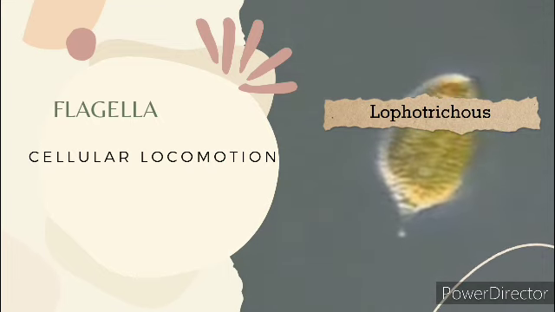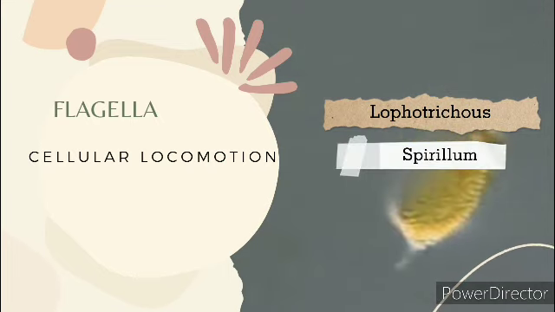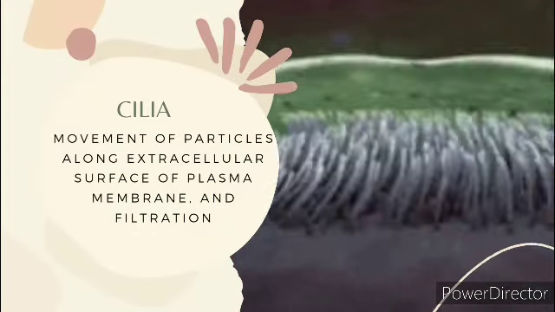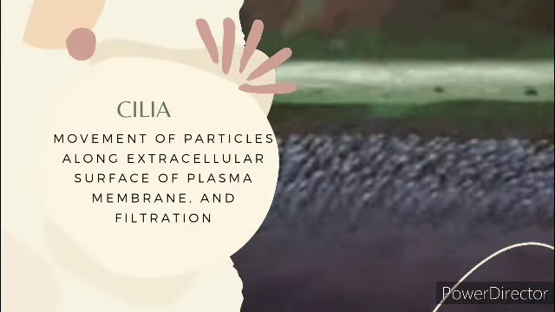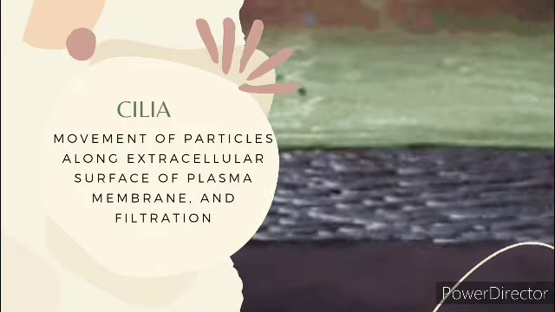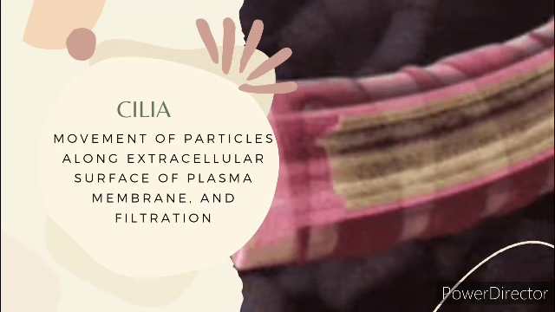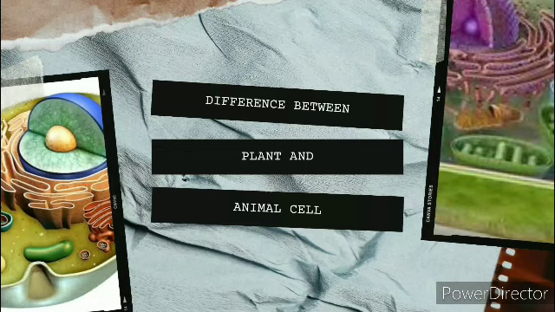An example of that is Spirillum. Peritrichous, numerous flagella all over the bacterial body. Cilia is for cellular locomotion, movement of particles along the extracellular surface of the plasma membrane, and filtration.